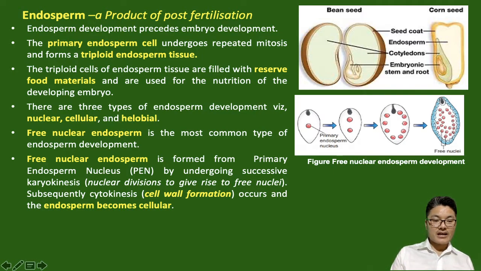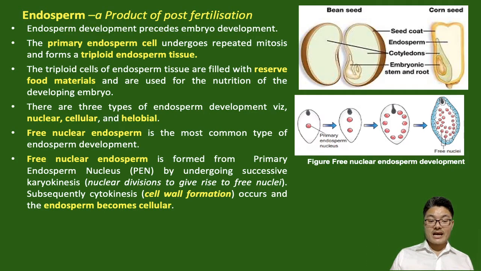Okay, and regarding cellular endosperm development, after each karyokinesis there is occurrence of cytokinesis. Regarding helobial endosperm formation, there is a mixture of free nuclear endosperm development and cellular endosperm development.